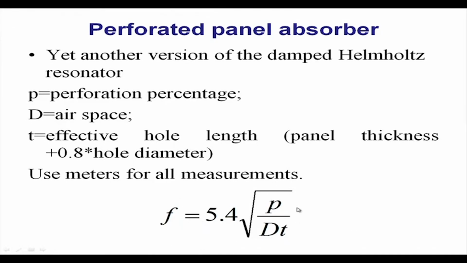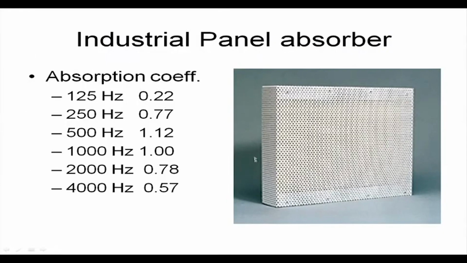So, a perforated panel absorber is like this. This is an acoustic absorber. So, the absorption coefficient is given for different frequencies. So, when you buy an absorber or acoustic tiles from the market, the absorption coefficient with the frequency will be written on that packet. So, you can use that material.